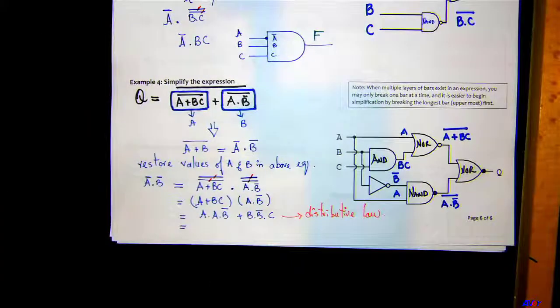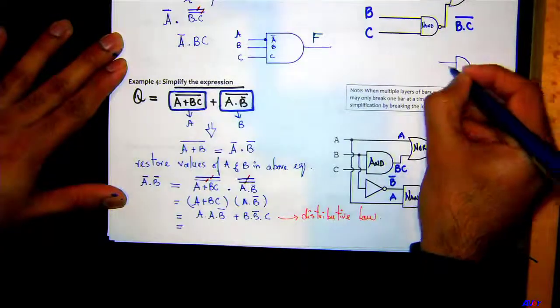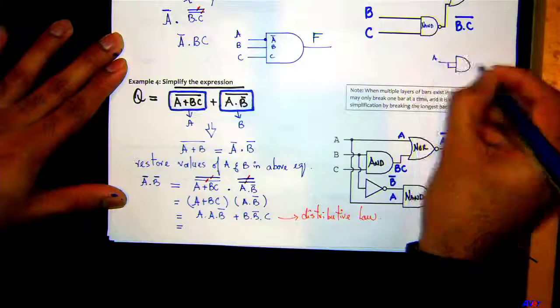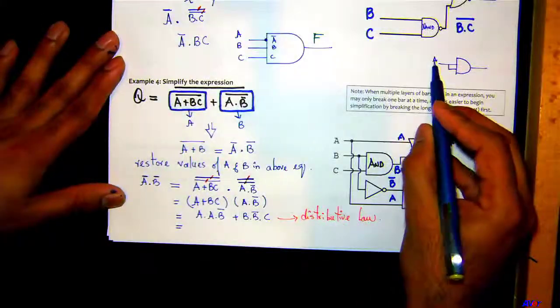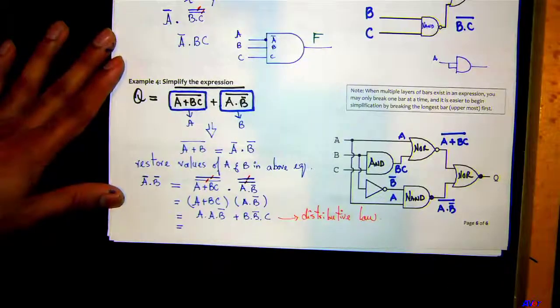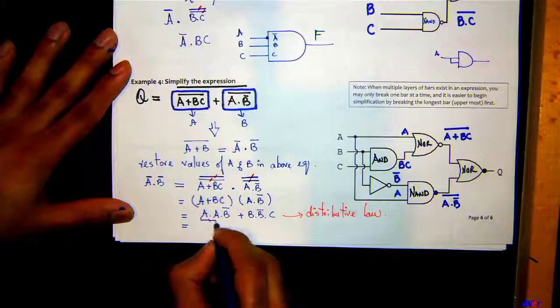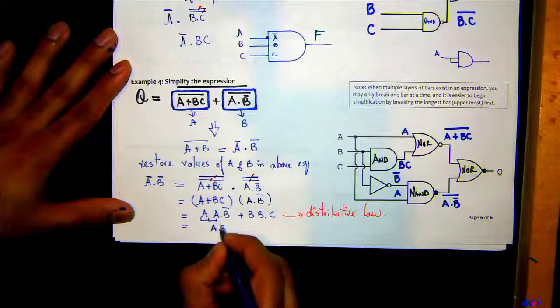What is A dot A? Yes, Hunter? A dot A is A. If A is 0, that will mean output will be 0, so it will be 1. It will be A. So this here, A dot A is going to be A. Just keep B bar as it is.